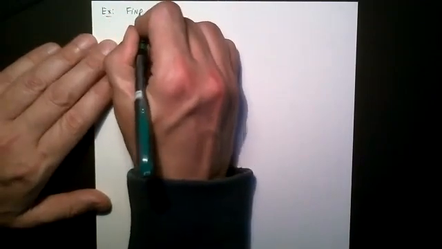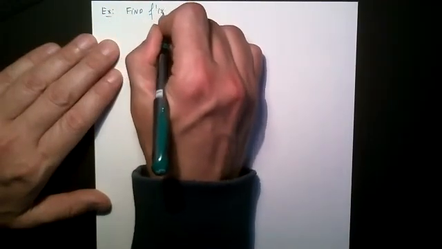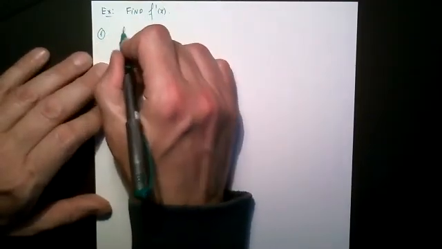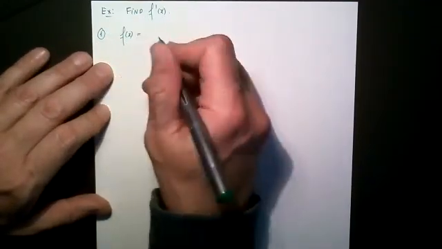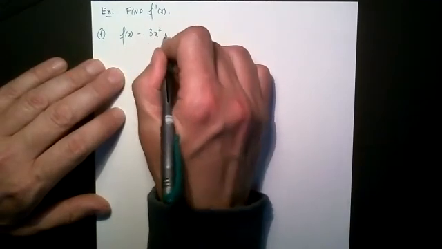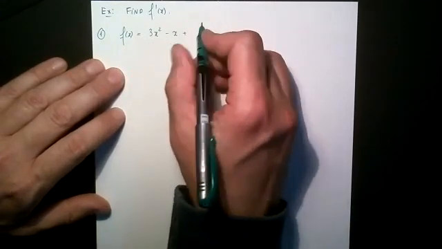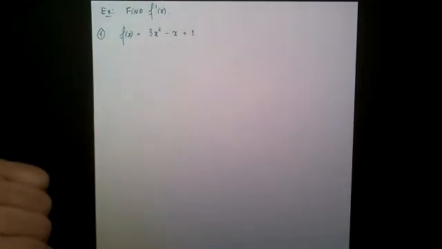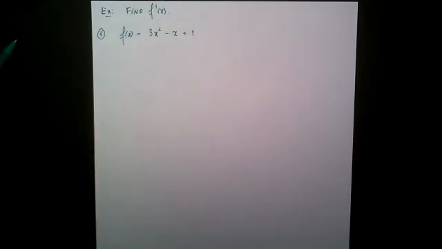Find f prime of x. So first one, let's say f of x is equal to 3x2 minus x plus 1. Okay, start with this one. It's not too difficult. Try it out.